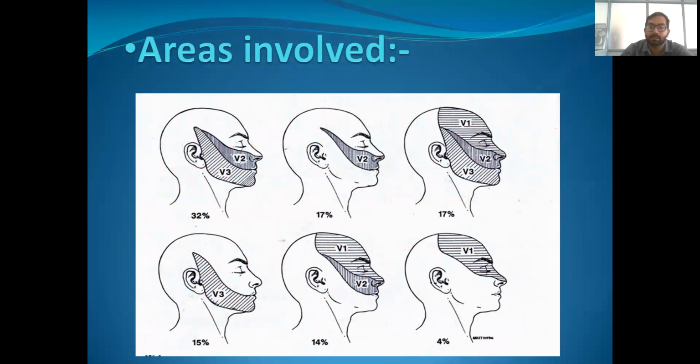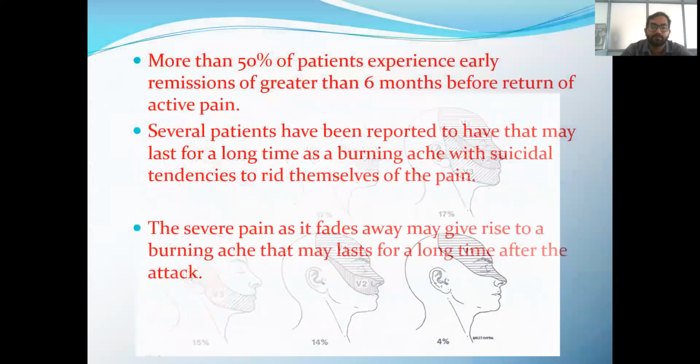The main areas involved, as we can see in this picture, are the maxillary division and the mandibular division, that is, V2 and V3 are more involved. About 15% of cases are seen in the mandibular area alone.